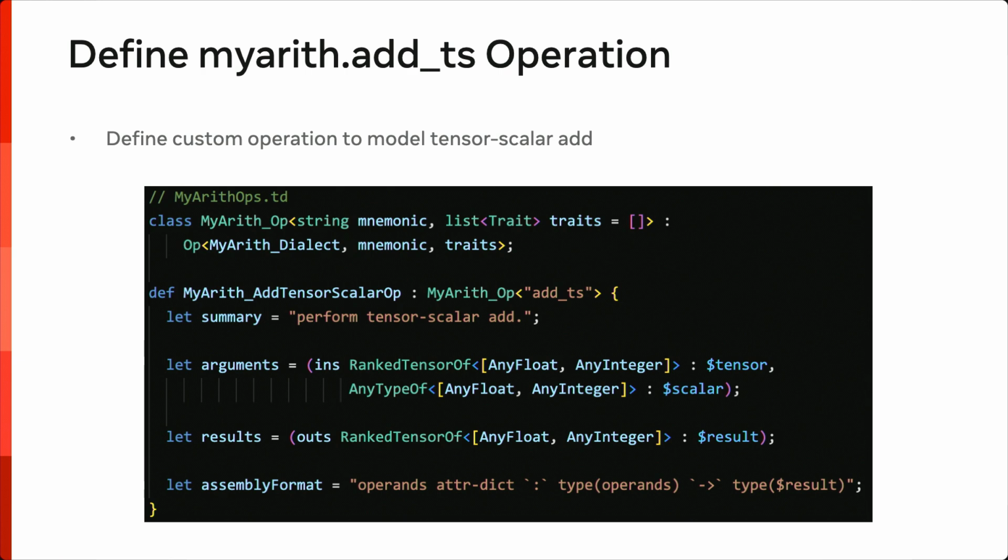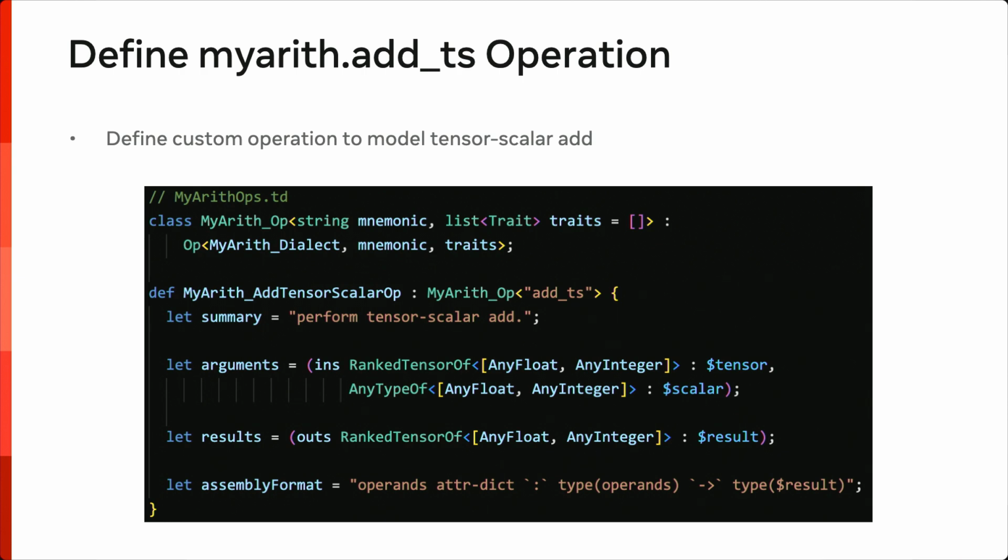To actually define the new operation, we just need to define this myarith.add_tensor_scalar op. We specify the mnemonic to be add_ts. We provide a summary, and in the arguments, we will explicitly specify the two input types, or the operand types.